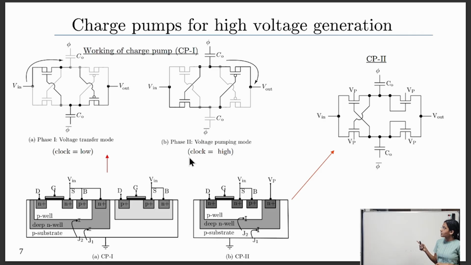Here all transistors are NMOS transistors, and the substrate is connected to a higher potential. So now we can extend the output voltage that can be generated by a value equal to the junction breakdown voltage of junction J2.